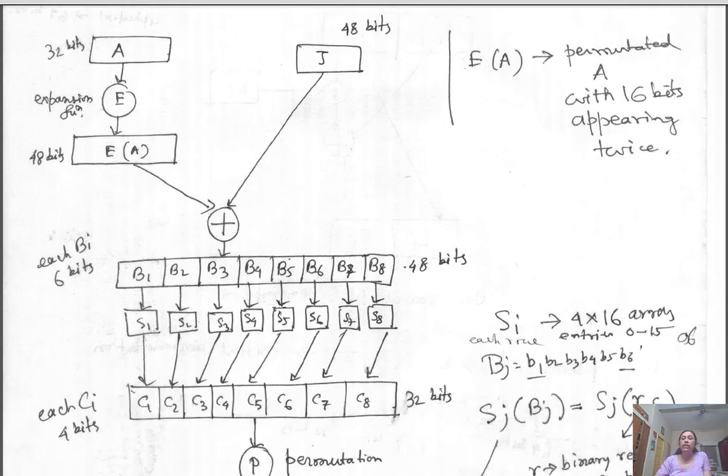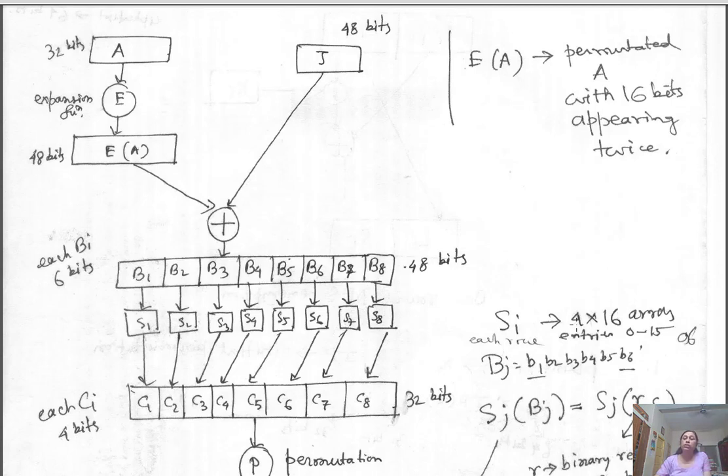How? You shrink it to 32 bits by passing them through the S box. So this whole 48 bits is divided into 8 blocks, each block having 6 bits. Each 6 bits passes through an S box. Each S box is essentially a 4x16 array, where the entries inside are elements from 0 to 15. So each entry in the S box can be encoded as a 4-bit string, and the column numbers can also be encoded as 4-bit strings.